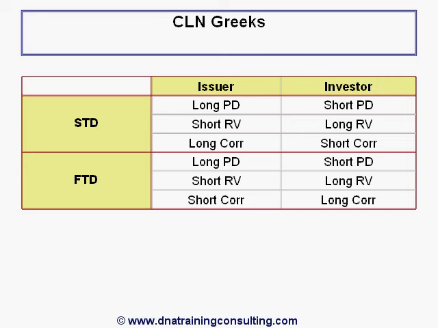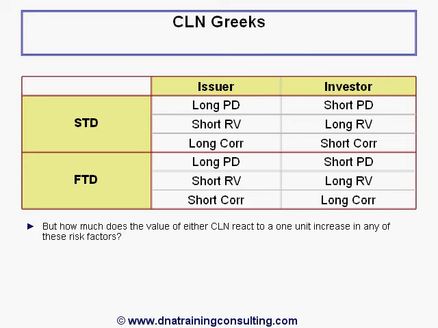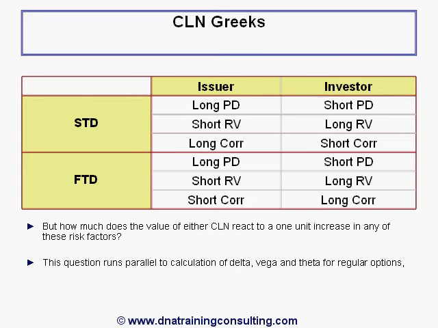The more interesting question is how much each CLN reacts to a 1 unit increase in the relevant risk factor. If you have completed our module on Greeks, which covered principally FX options but applies to any other kind of option, you will recognize this present question as one that runs parallel to the calculation of delta, vega, and theta for options.